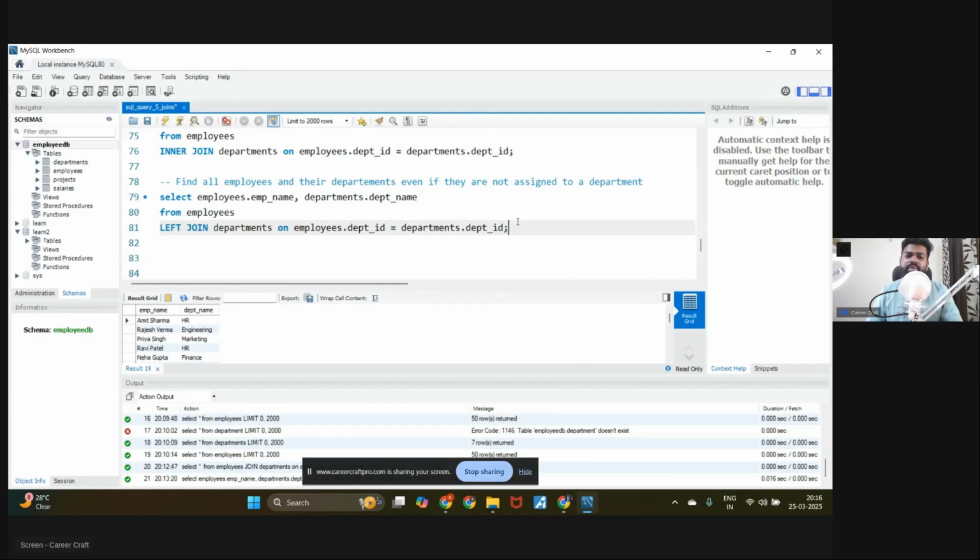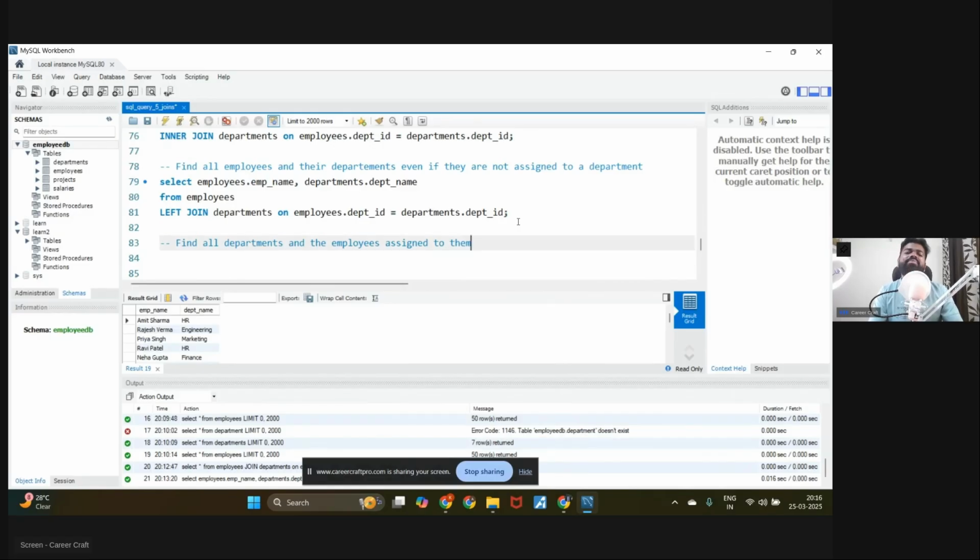So let's see another question. Find all departments and the employees assigned to them. This is an unnecessary question, but I wanted to give you one example of right join. Always we have treated employee as our central table.